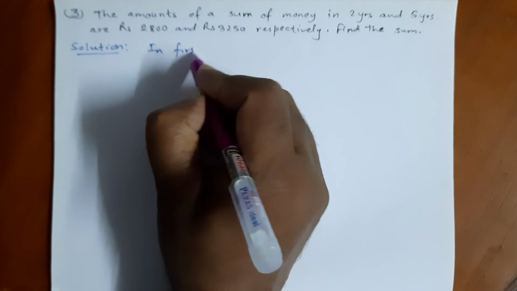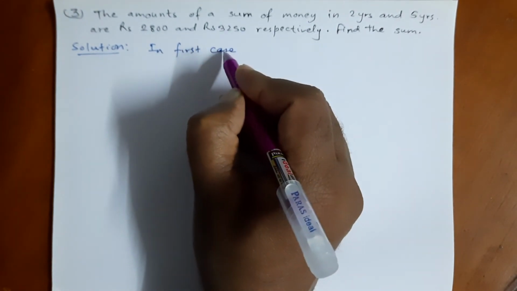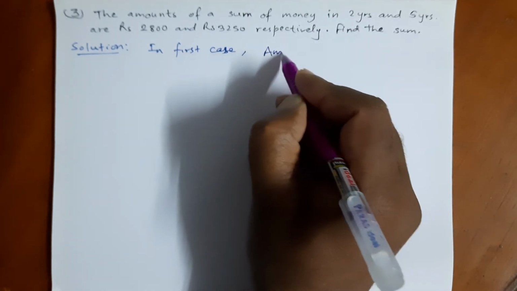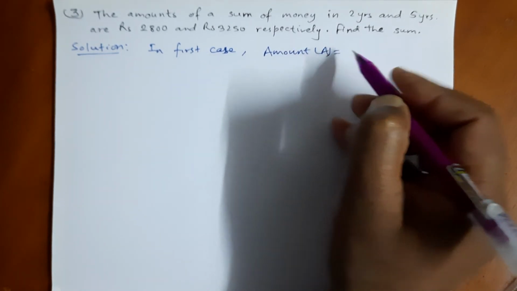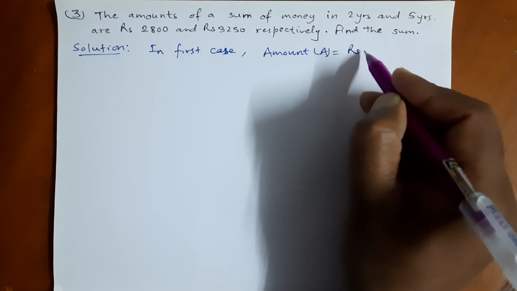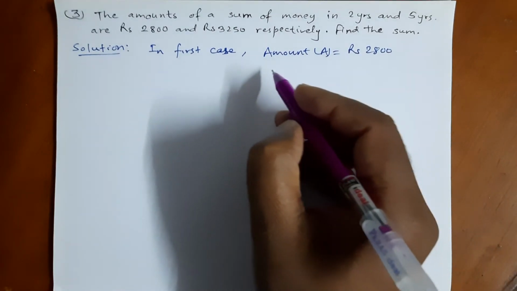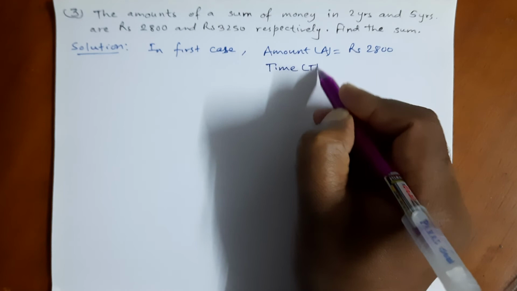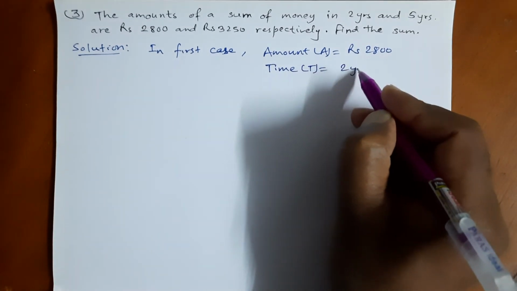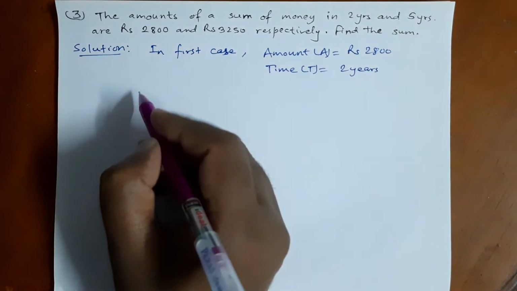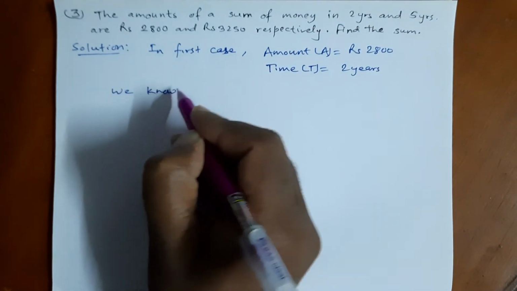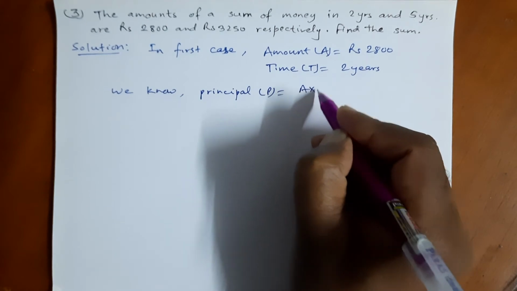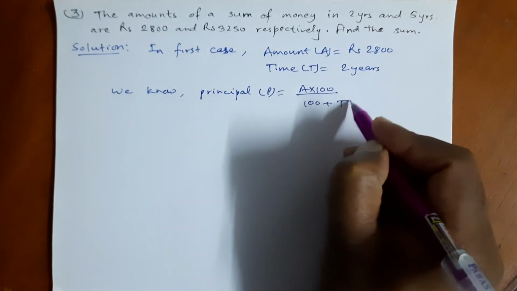In the first case, amount A equals rupees 2800 and time t equals 2 years, and we know principal P equals A times 100 over 100 plus TR.